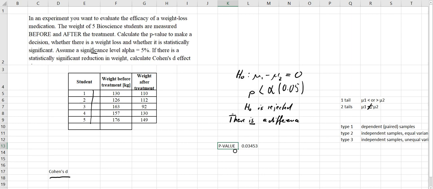And in this case, what we do is we just calculate the mean of the differences, and this is where the Cohen's d for a 2-sample independent t-test differs slightly from the calculations for this paired t-test. It is the mean of the differences divided by the standard deviation of the differences.